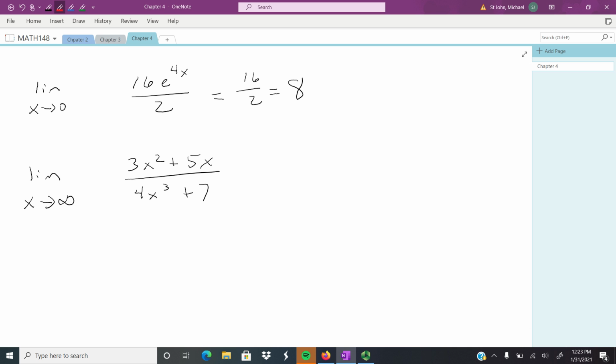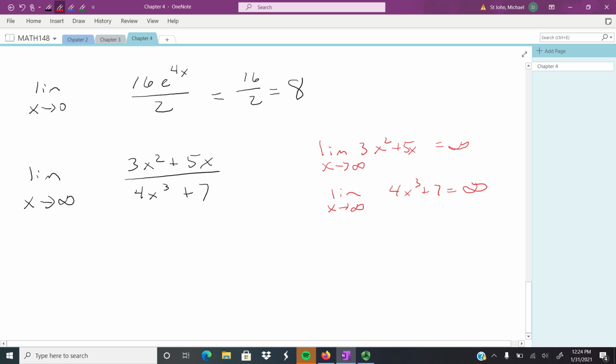And we can say, okay, if I look at the top by itself, yep, this is going to be infinity. If I look at the bottom by itself, yes, this also goes to infinity. And so again, we can use the rule.